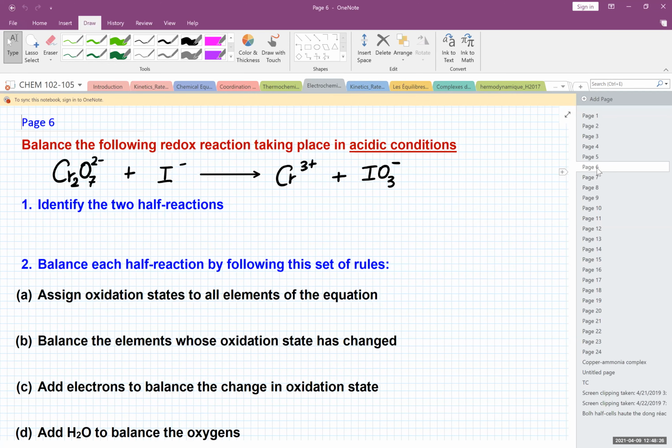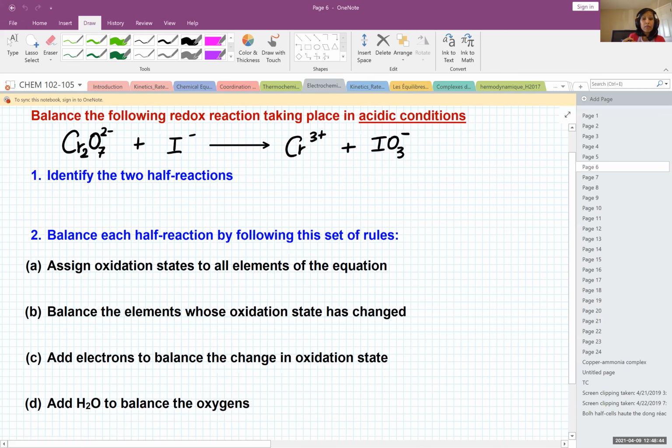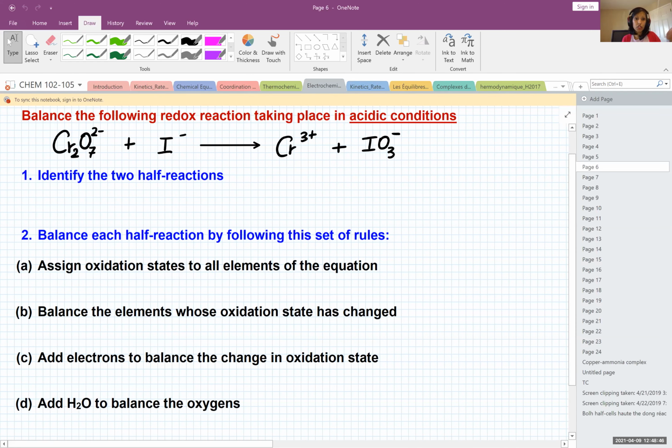Okay, so then these are the steps. Maybe now that we have gone over the balancing of the reaction in basic conditions, follow the same steps here, these steps, and try to balance this redox reaction. Now this one is taking place under acidic conditions. The first few steps are identical to when we are balancing in basic conditions.